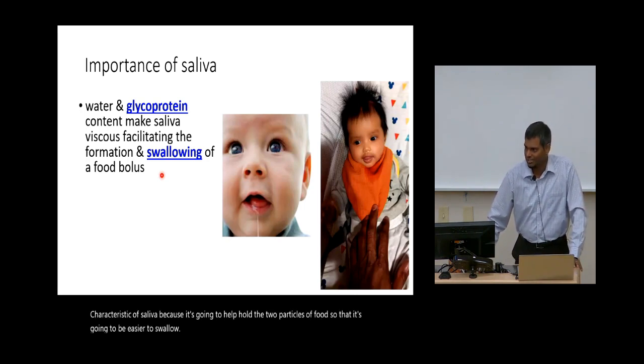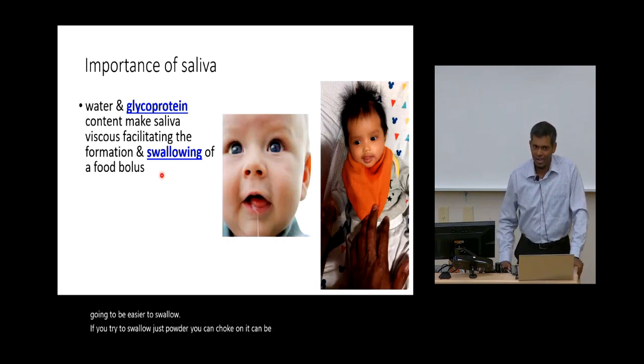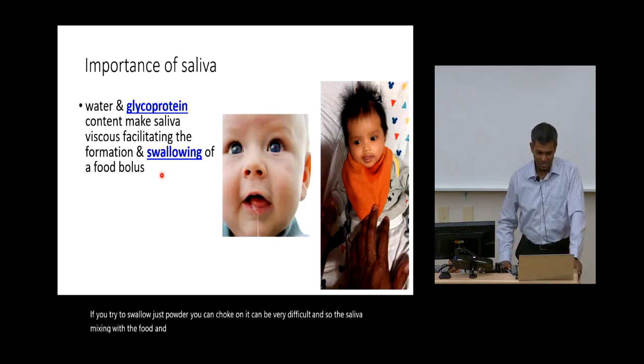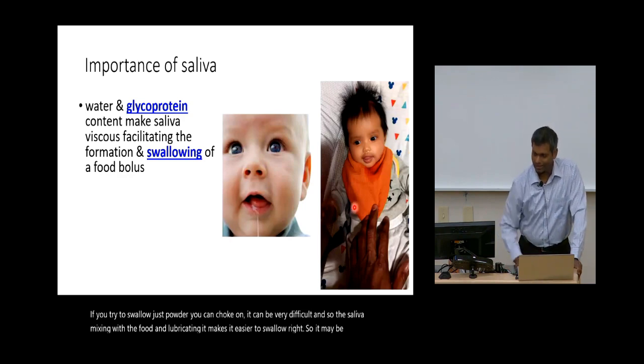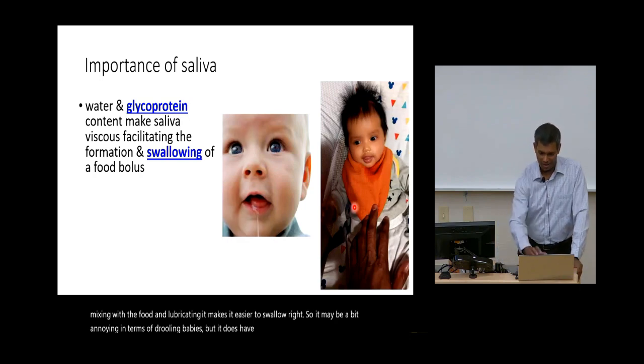If you try to swallow just powder, you can choke on it, it can be pretty difficult, and so the saliva mixing with the food and lubricating it makes it easier to swallow, right? So it may be a bit annoying in terms of drooling babies, but it does have some important functions, right?